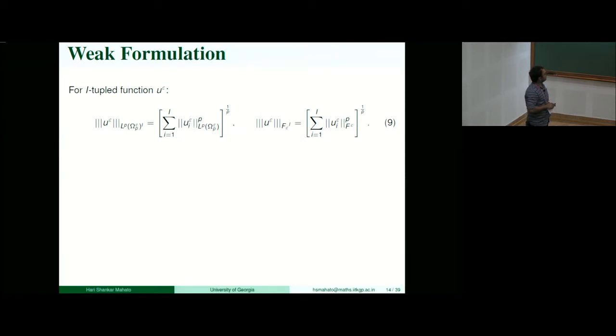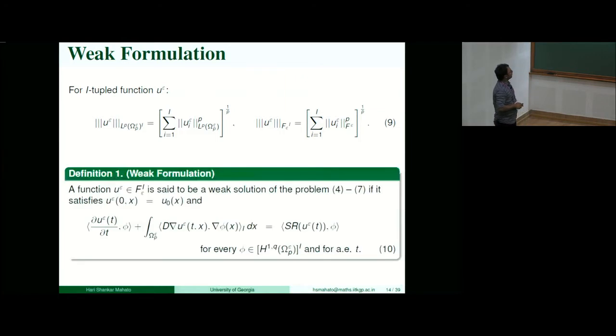So the I-tupled norm is defined as the sum of the I norms, basically. All right. Now, based on this I can talk about the weak formulation. The weak formulation is given in this way.